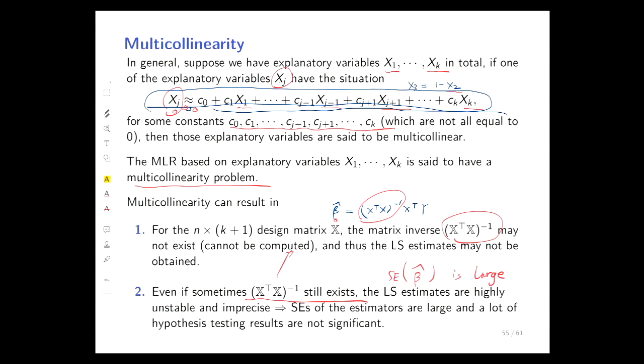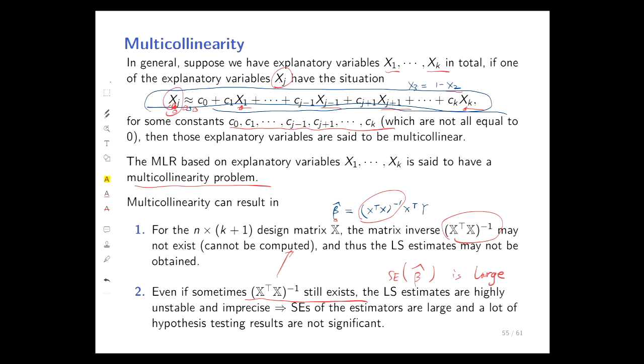Basically, the problem of multicollinearity is that some explanatory variable xj can be approximately expressed by using other explanatory variables. Accurately speaking, this variable xj can be approximately linearly expressed by using the other variables.